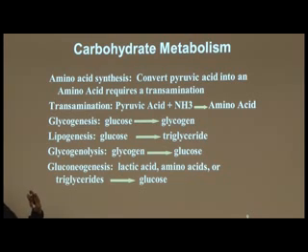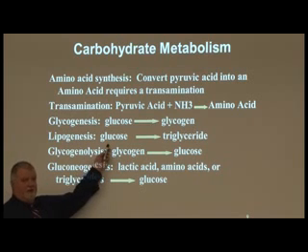So if we have all the energy on board to run our metabolic processes, we have all of the structural components that we needed to make new cells and new cellular material, then once the liver and skeletal muscle have stored their supplies of glycogen, adipose tissue takes up glucose.